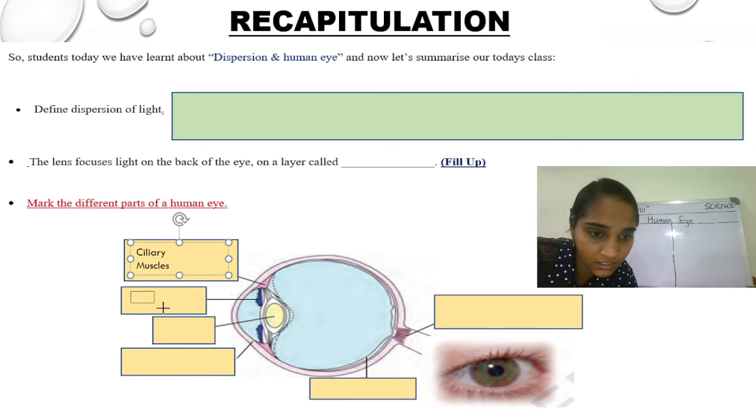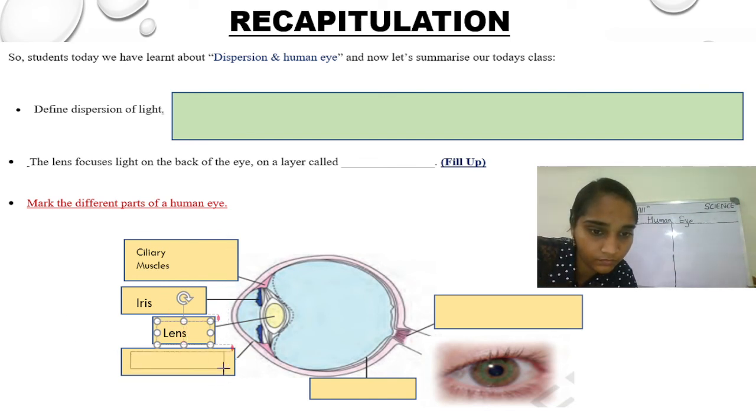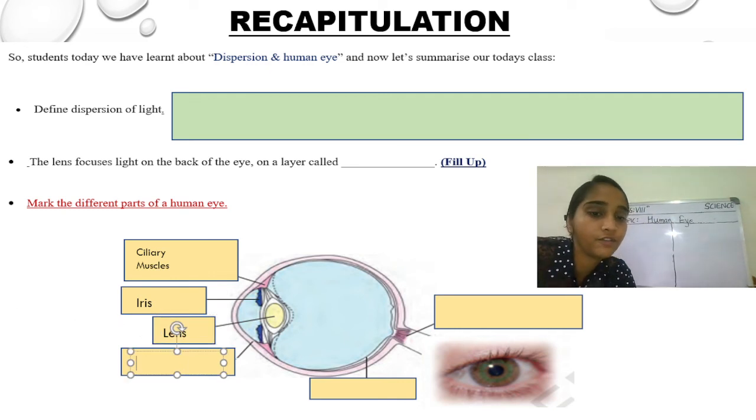Yes, very good, this is the iris. And the third blank? Yes, this is the lens. And this part? Yes, the very first one which we discussed: this is the cornea.